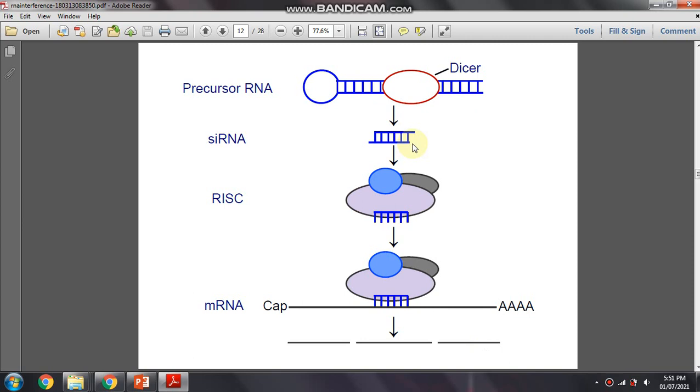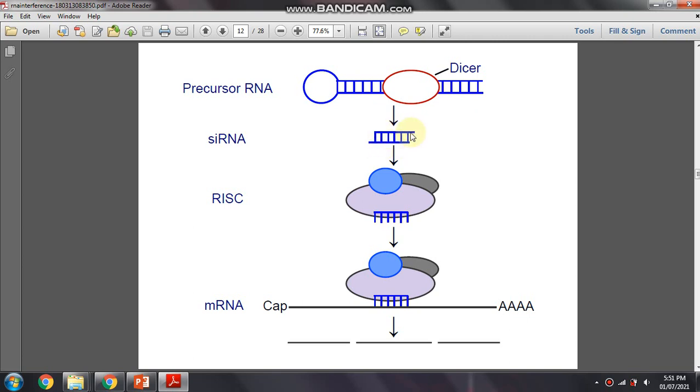So here, this is a stem loop double-stranded RNA. The dicer enzyme, which has ribonuclease activity, binds to the stem loop precursor RNA and cuts it into short fragments of 21 to 23 nucleotides with 5' and 3' overhangs on each strand.